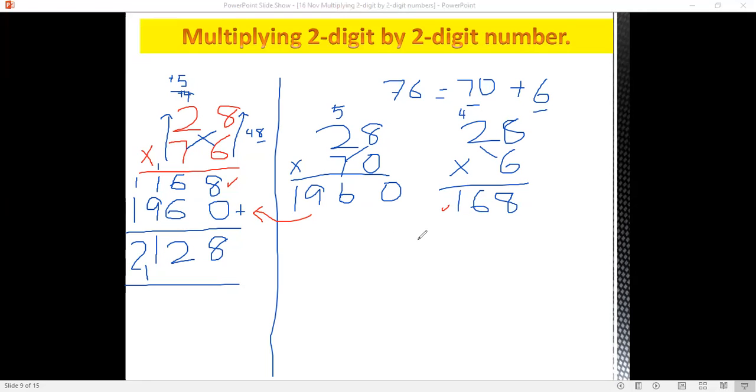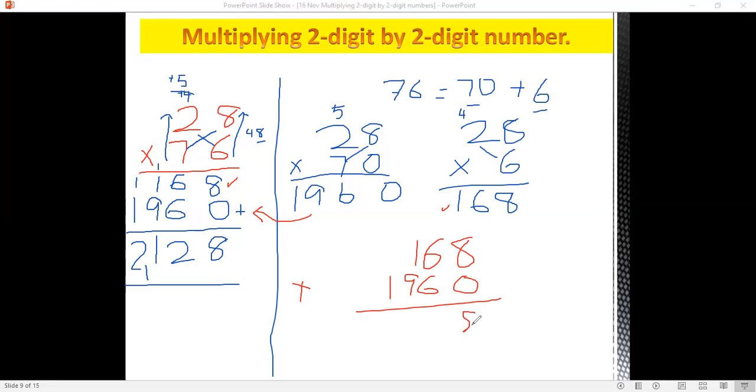So 168 plus 1,960. Remember, always start writing the number. You have to fill up the unit place all the time. Then let's add.